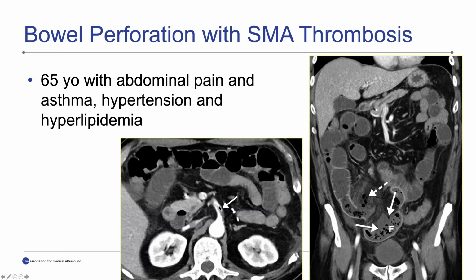And we can see here there's thrombus in the origin and proximal segment of the superior mesenteric artery, causing obstruction to flow to the bowel, which is producing the hypoxia, the ischemia, the gas in the veins, and in the bowel wall, leading to perforation. And you can see here the arrows are pointing to disruption of the bowel wall, the free air in the abdomen, and the fluid. So this is a patient that had bowel perforation from thrombosis of the superior mesenteric artery.